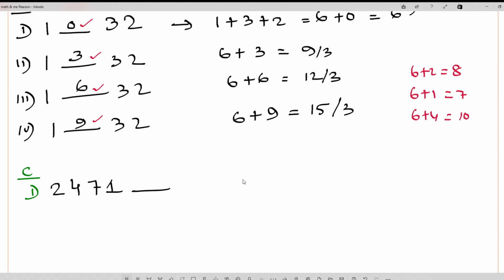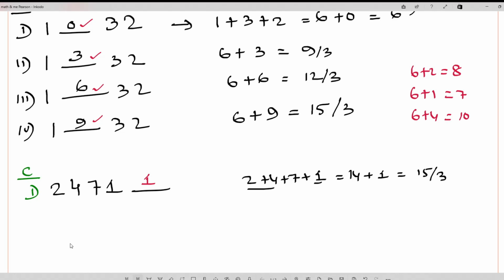Look, 2 plus 4 plus 7 plus 1: 6, 13, 14. So what can we add? If we add 1, it means 15. 15 is divisible by 3. So we can put here what?